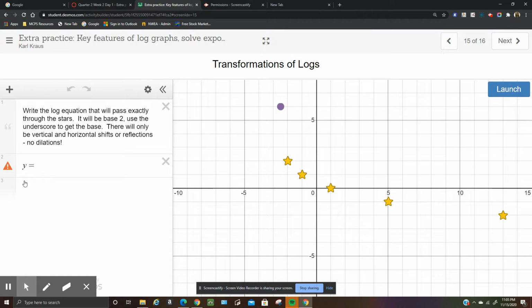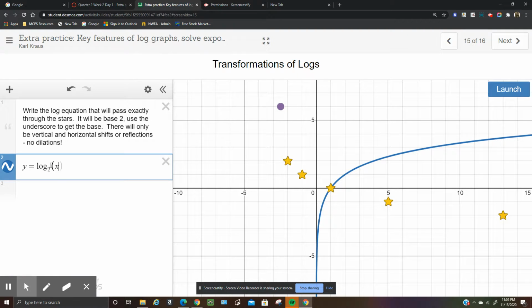And then 15, log base 2 again. All right, and we want to, let's see. I want to flip it over, reflect it over the x-axis. So put a negative.